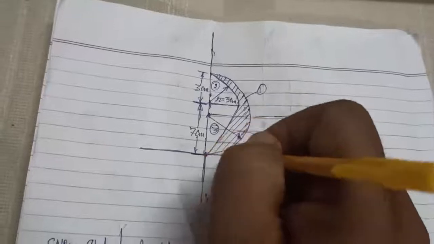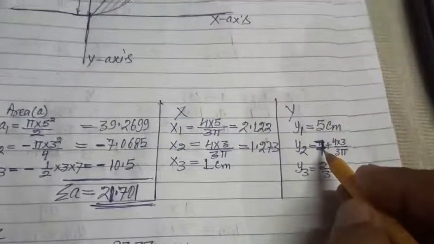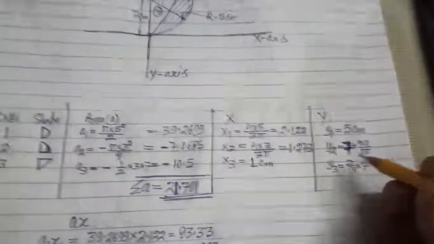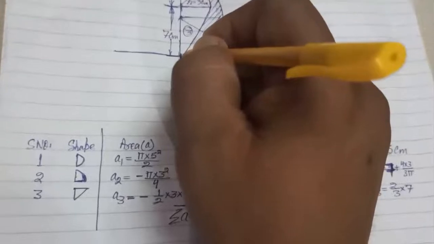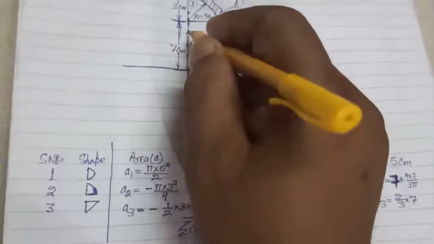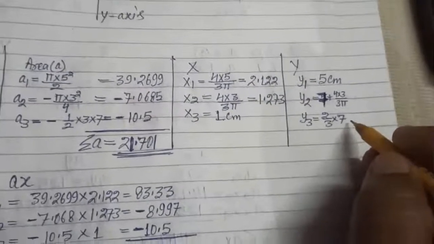So from here, it will be 7 plus 4r by 3 pi. And y3 is 2 by 3 of 7 because it is measured from this smaller angle side. So it is 2 by 3 of 7.